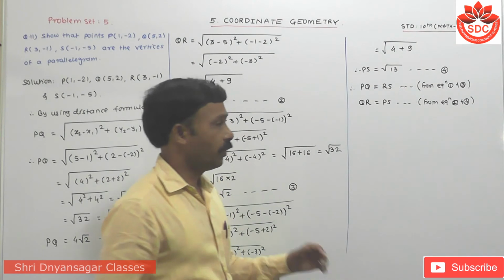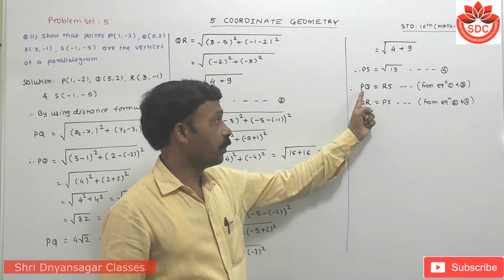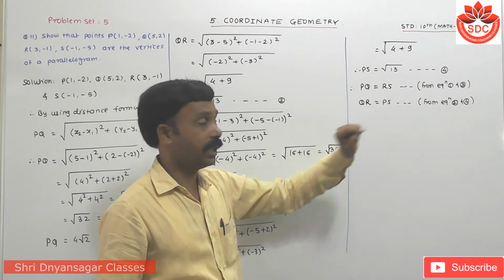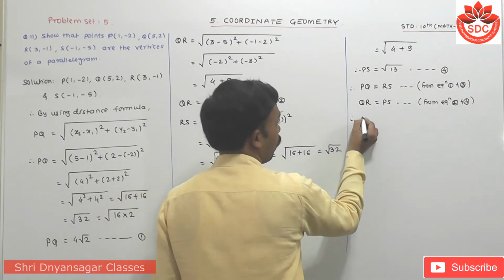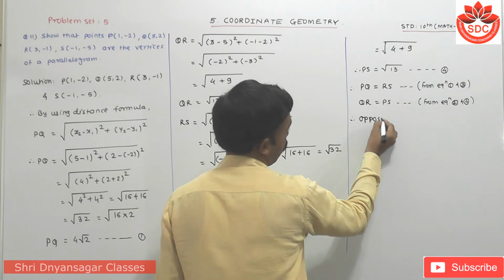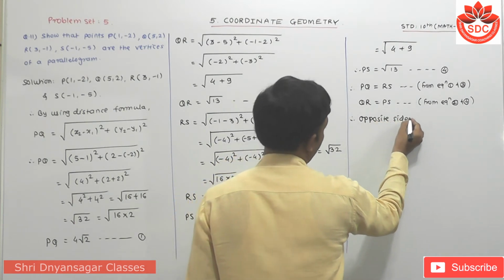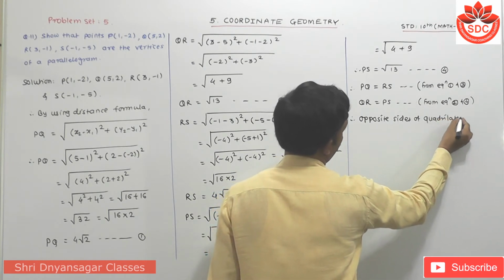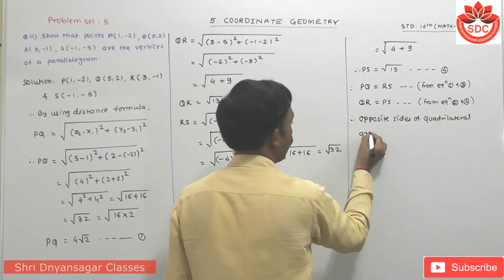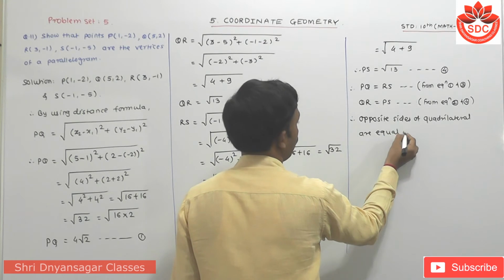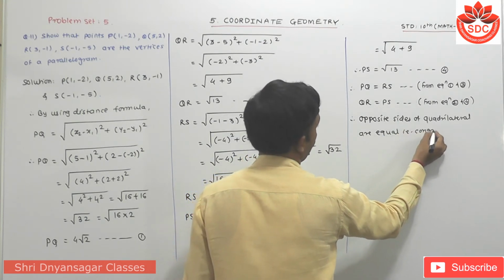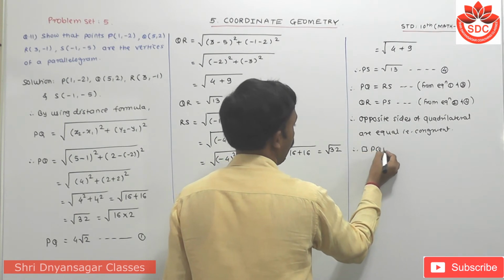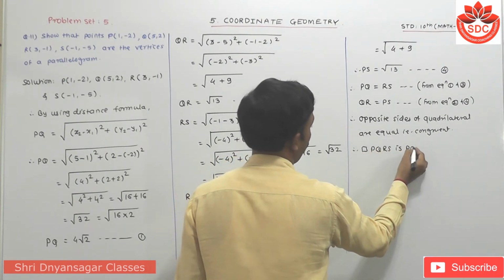Means student, in quadrilateral PQRS, PQ is opposite to RS, and QR is also opposite to PS. So therefore opposite sides of the quadrilateral are equal, that is, congruent. Therefore this quadrilateral PQRS is a parallelogram.